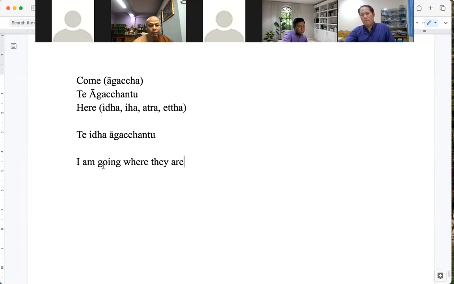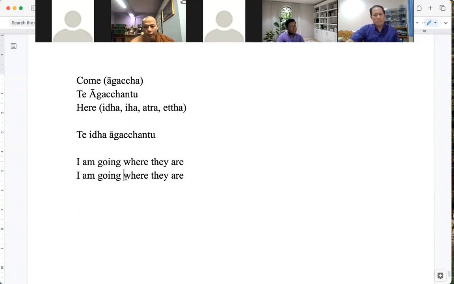So we can divide these into two lines. Actually, exactly it should be, I am going there, but there is omitted in English.